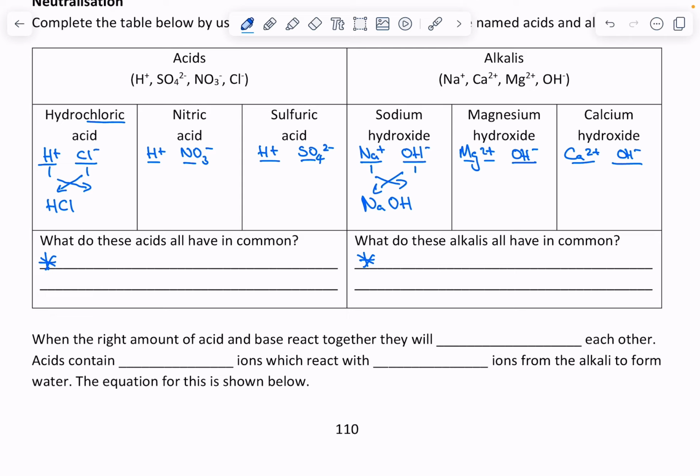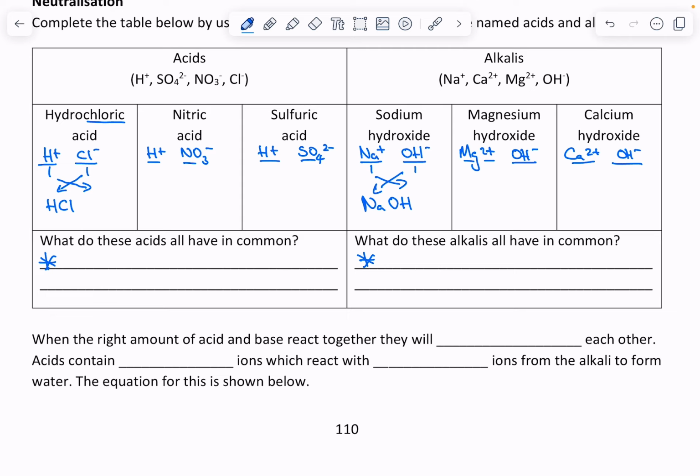So in this next section, we are talking here about neutralization. And let's just remind ourselves that neutralization, we'll write it here, is when you take an acid and an alkali and react them together in the right amounts, so they completely neutralize, cancel each other out.